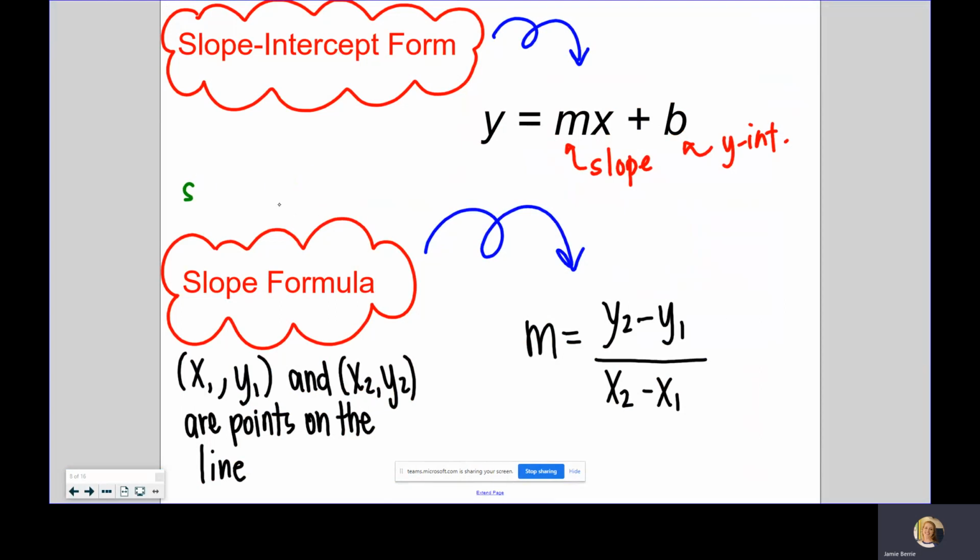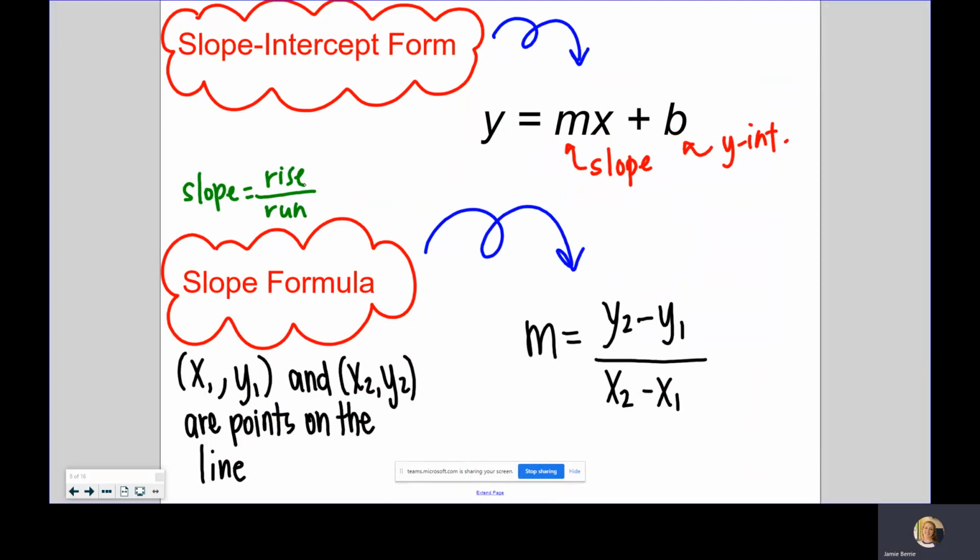Whoa, that R looked terrible. Let me try that again. Rise over run. So you probably remember learning slope as rise over run. A fancier way of saying this would be that the rise is the change in the y and the run is the change in the x.